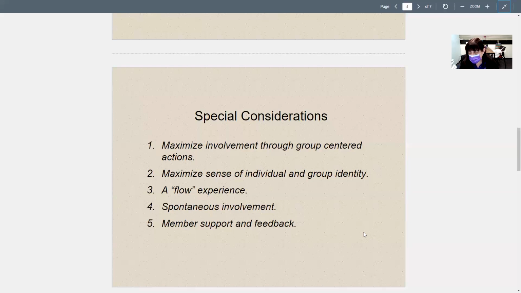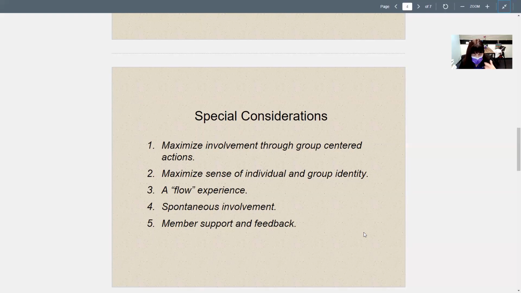It can provide spontaneous involvement rather than having everyone sitting in a circle and passing the scissor to talk. Like you can't talk unless you have the scissor, or having a time limit, whether it's the scissor or the pen or the spoon, whatever it is. And then there is support provided to all of the members in the group.